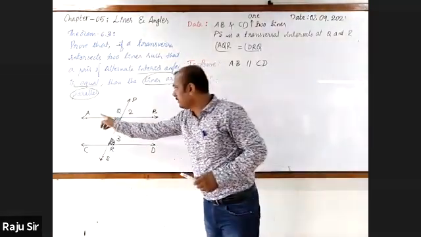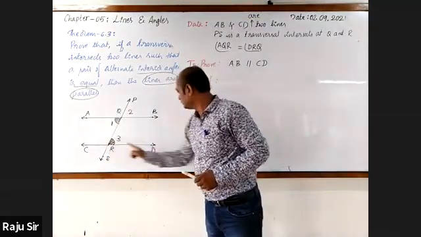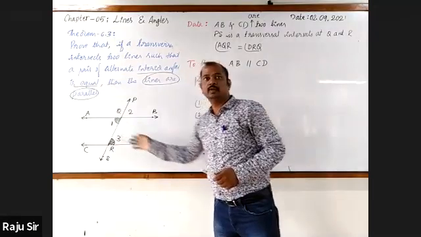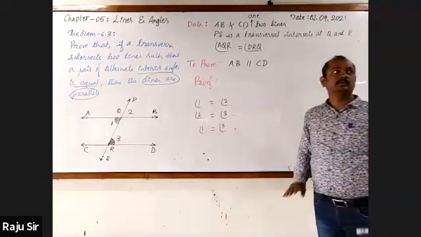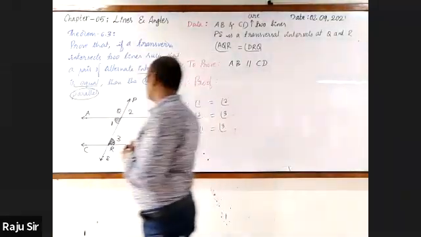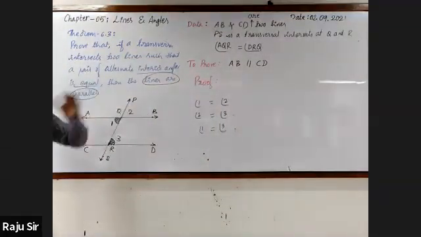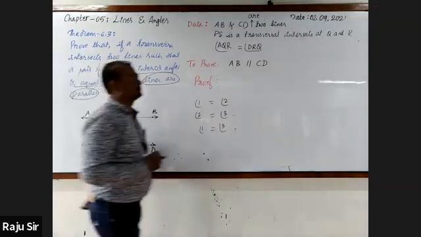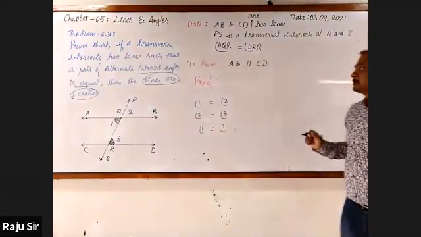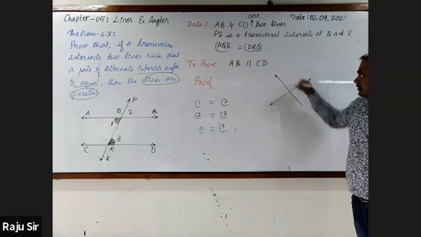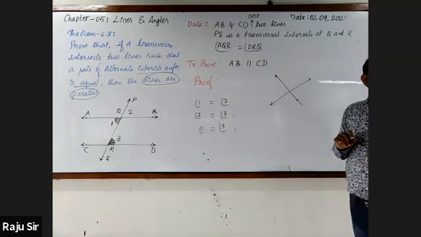What is angle 1? Angle 3? How do you write that angle 1 is equal to angle 2, sir? We don't know. Lines and angles, how do you write? Observe. What are these lines? Intersecting lines.